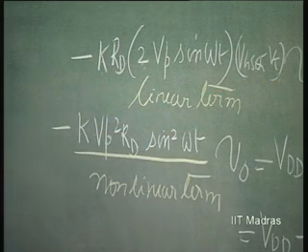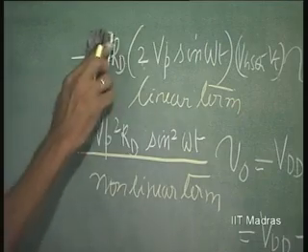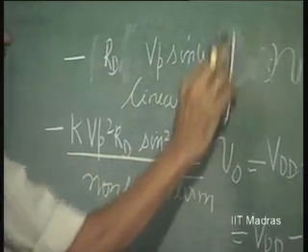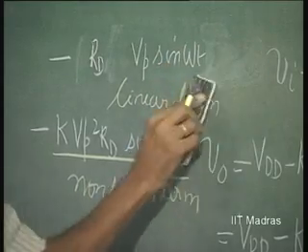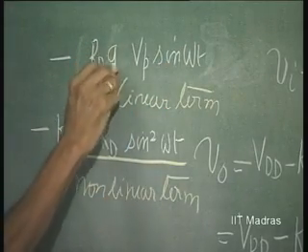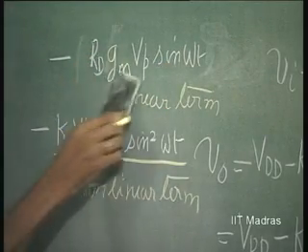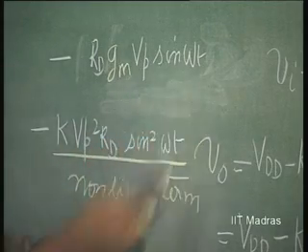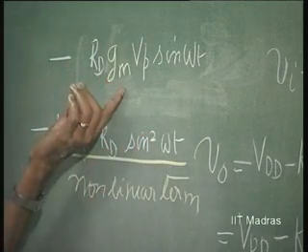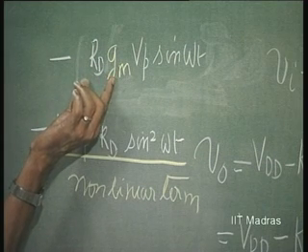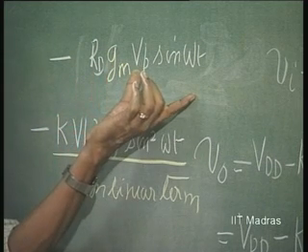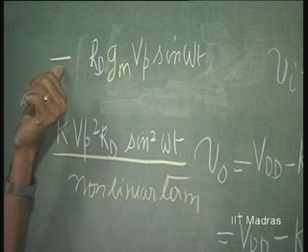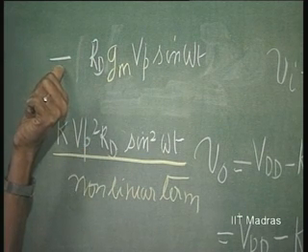Okay, so we will replace this. So, we have already defined Gm into Rd as the gain, that into the original input signal, which is Vp sin omega t, with a minus sign indicating there is an inversion.